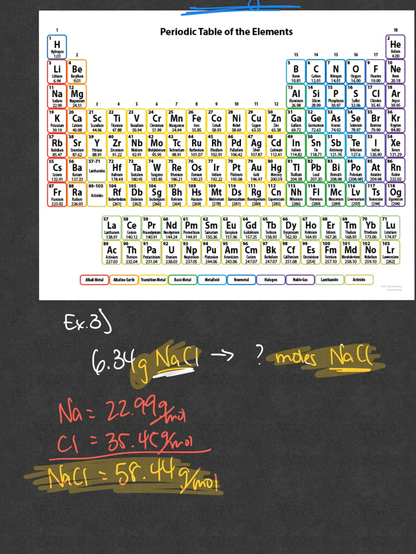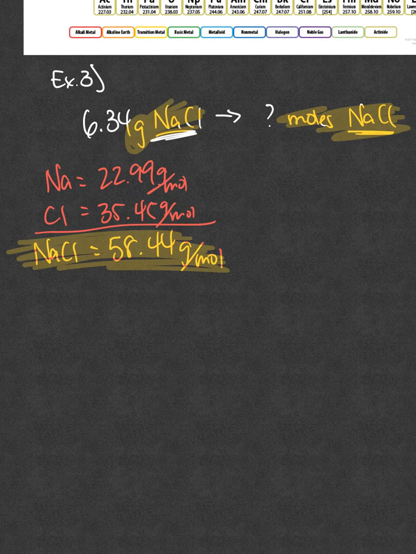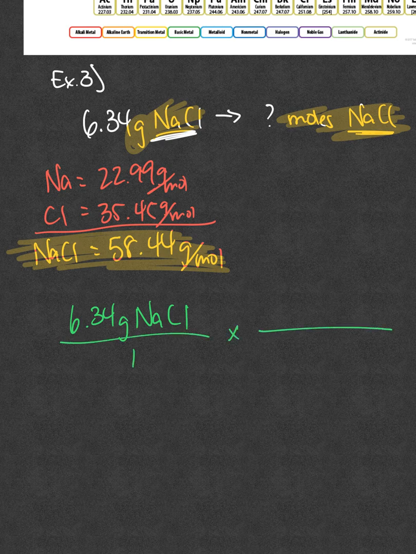So now that we have the molar mass, all we have to do now is just do the math. Once again, we start off with 6.34 grams of NaCl. Using dimensional analysis, we're going to moles of NaCl.